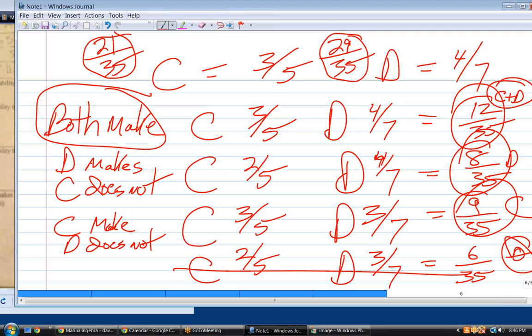Right, and they add to 21 over 35. In other words, if 29 out of 35 times at least one fish makes it, and 21 out of 35 fish C makes it, well, the probability of fish C making it, given that one fish made it, has to be higher than 21 out of 35.